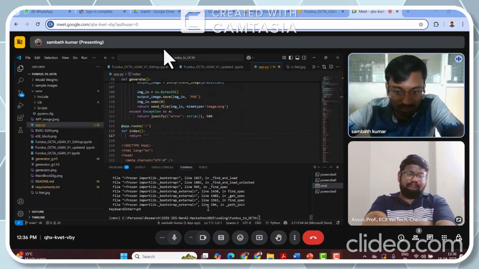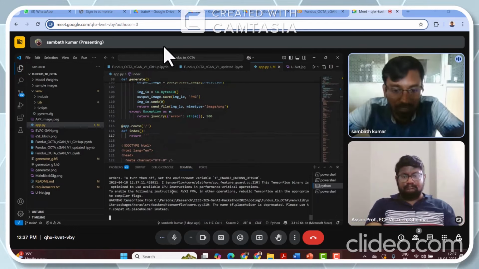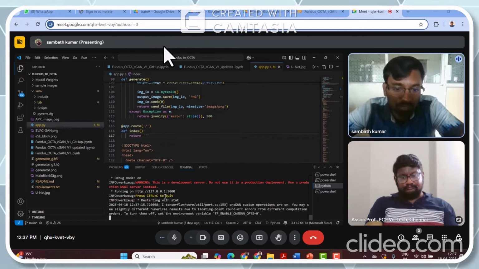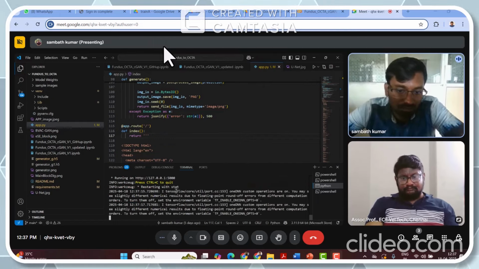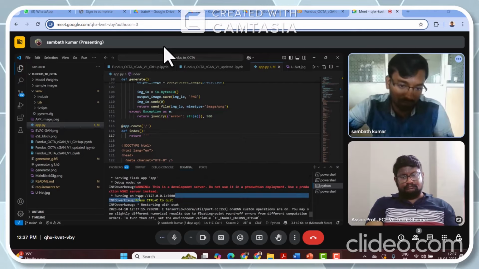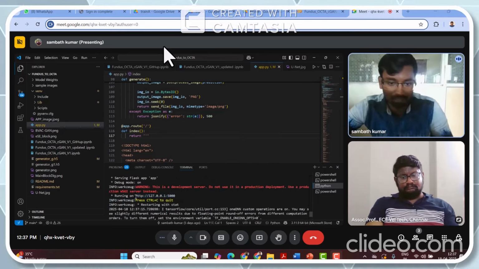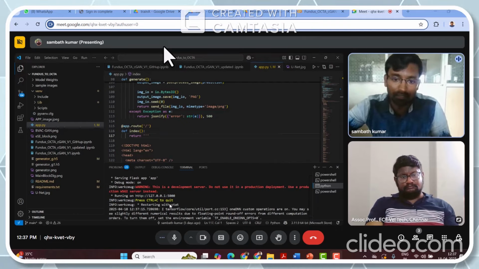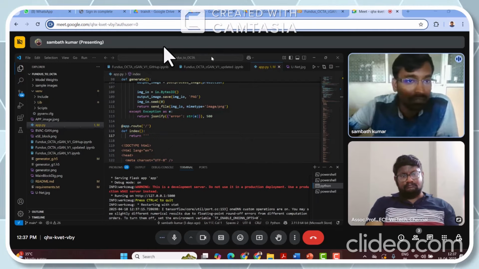Here we call it, and whenever it displays the IP address, we can upload an image and see the corresponding synthetic images. This is the IP address. We are going to copy it and paste it in our browser.